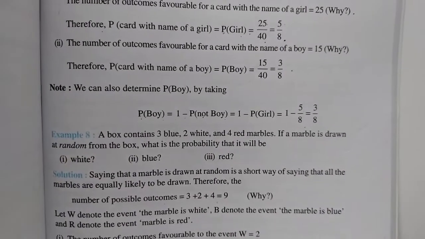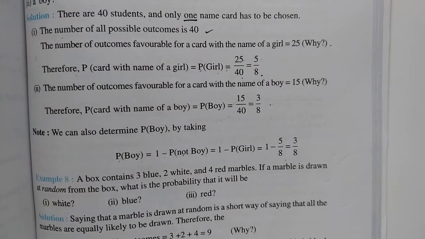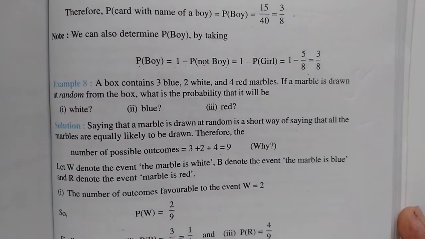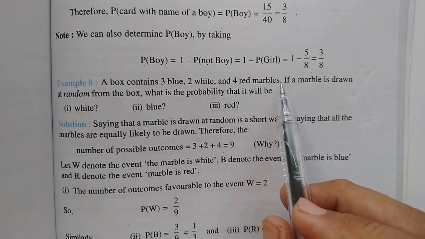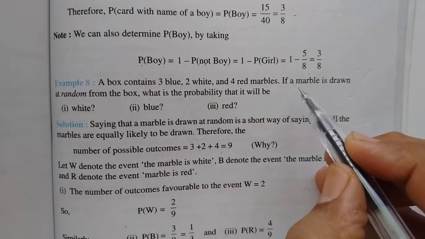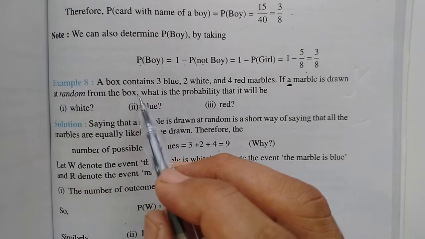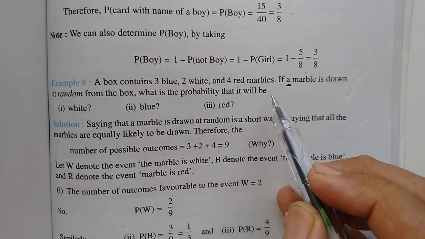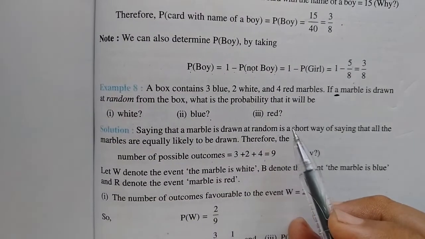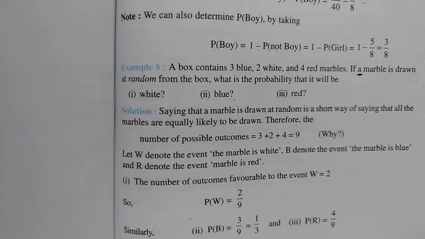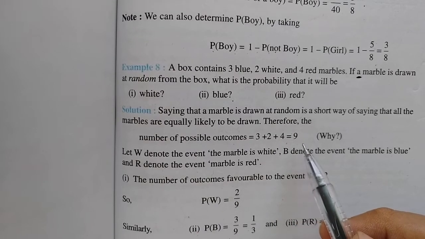Now children, example number 8. Let us start. Here a box contains 3 blue, 2 white and 4 red marbles. If one marble is drawn at random from the box, what is the probability that it will be white, blue and red, children? Okay, let us start. Very easy, children. First step is to find the total marbles.